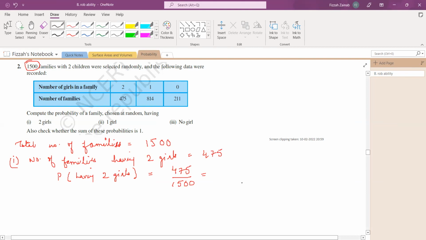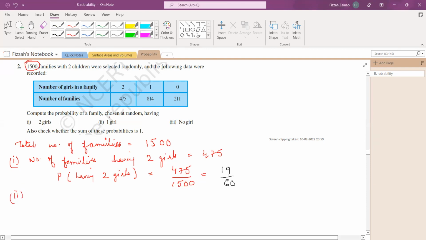Ma'am, I'm getting 19 upon 60. Okay, I'm leaving it in fraction then. Ma'am, the answer sheet is also given in fraction. Okay, fine. Now, second part.